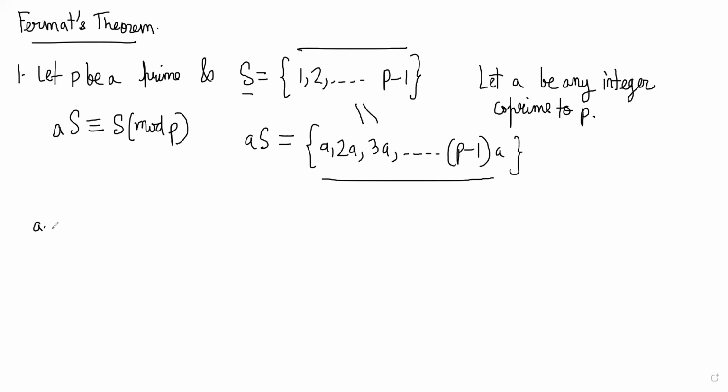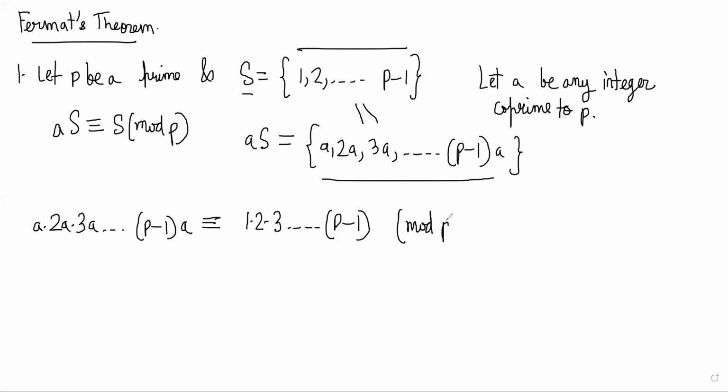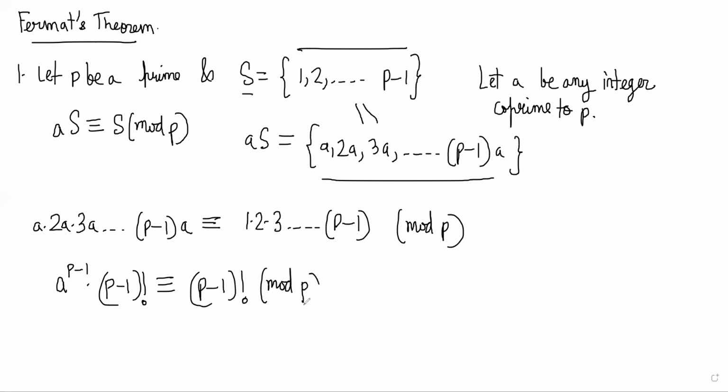So A into 2A into 3A till (P minus 1)A should be congruent to 1 into 2 into 3 till P minus 1 mod P. This part becomes A power P minus 1, and P minus 1 factorial is congruent to P minus 1 factorial mod P, right?